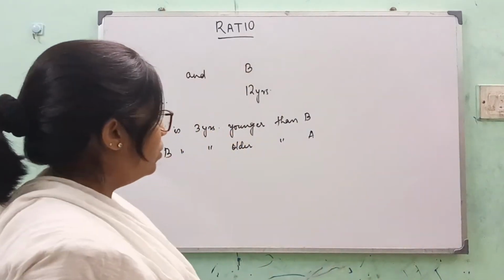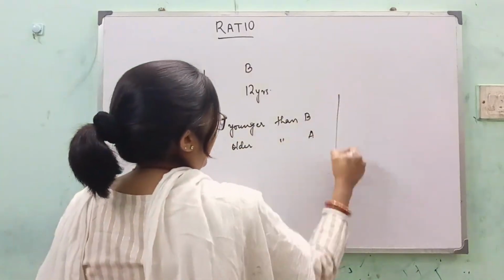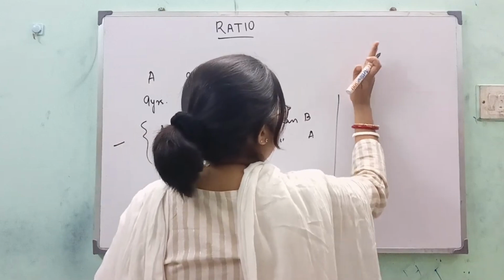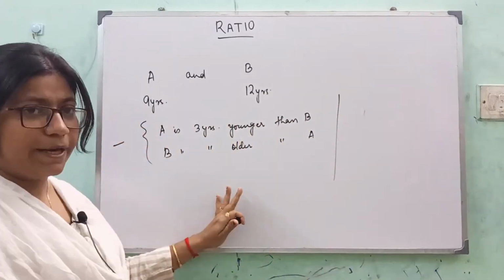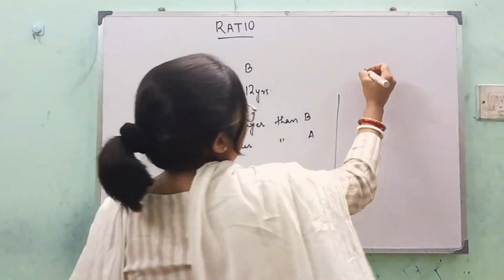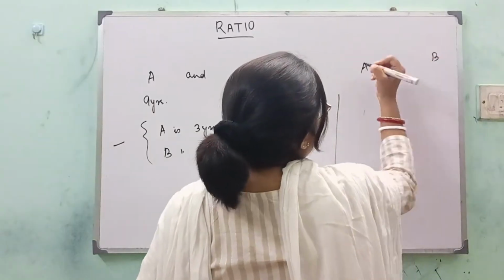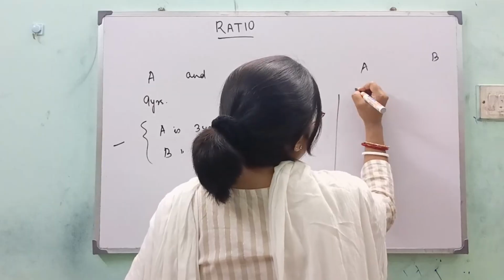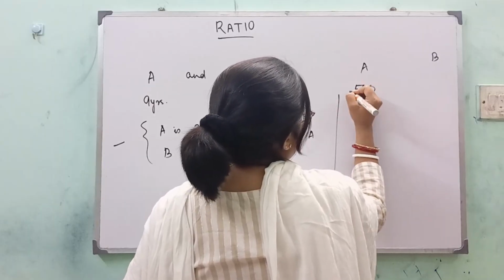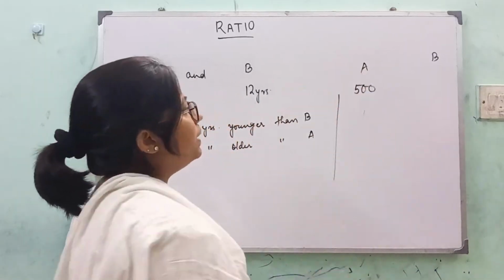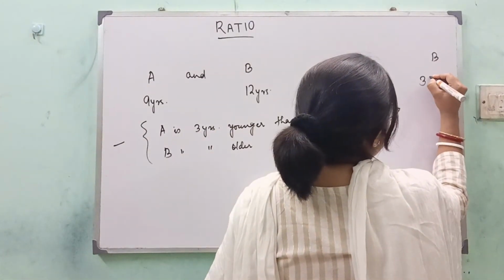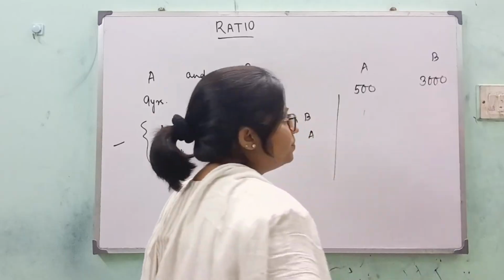Now this is one way of saying. Now if I say A and B are two people, say A gets a pocket money of rupees 500 and B gets a pocket money of say rupees 3000.